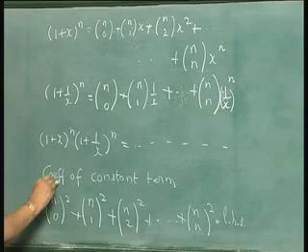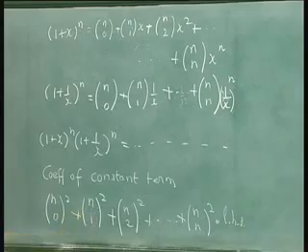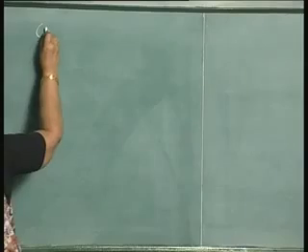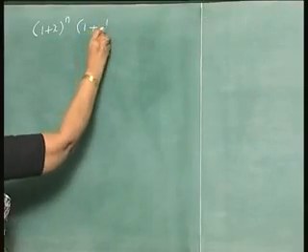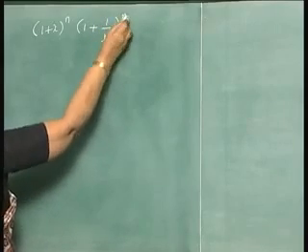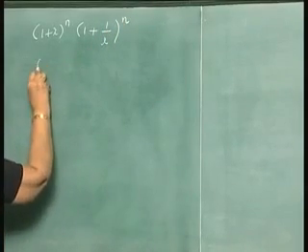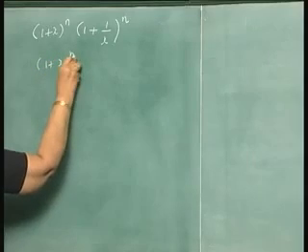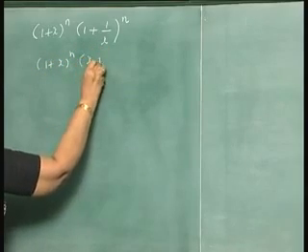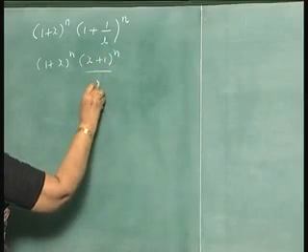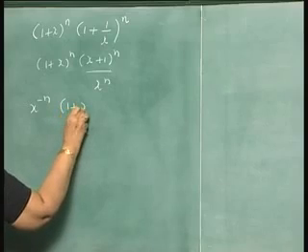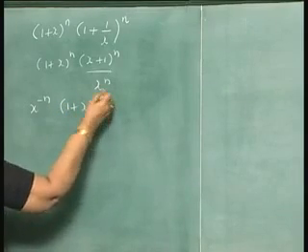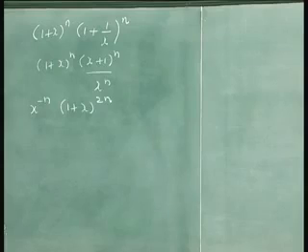Now, how do you get the right hand side? You have (1 plus x) power n, this is what you are considering, right? Now, this one you can write as (1 plus x) power n, and if you take x power n common, it is (x plus 1) power n by x power n, or x power minus n, this is (1 plus x) power 2n. In this expression, if you take the coefficient of x power n, when you multiply it by x power minus n, you get a constant term.